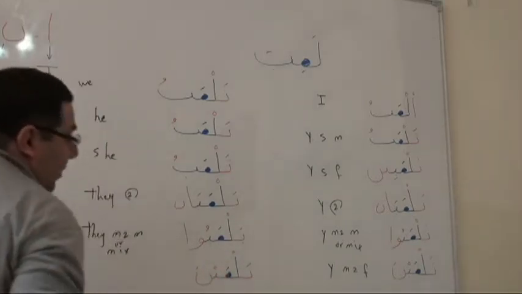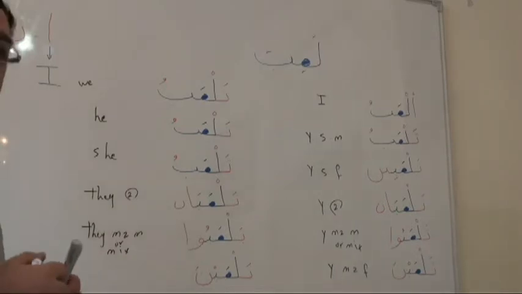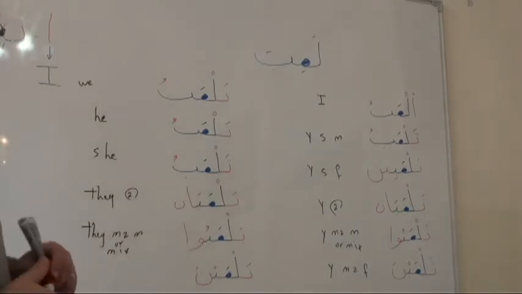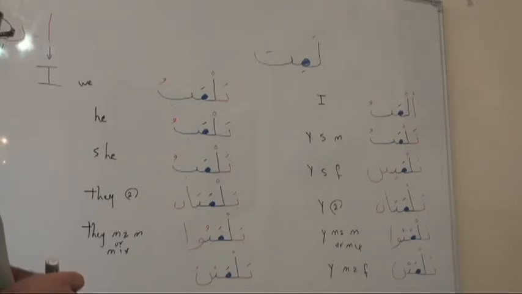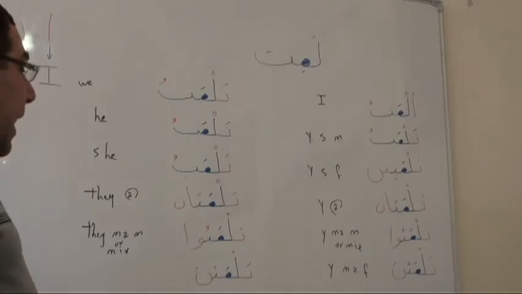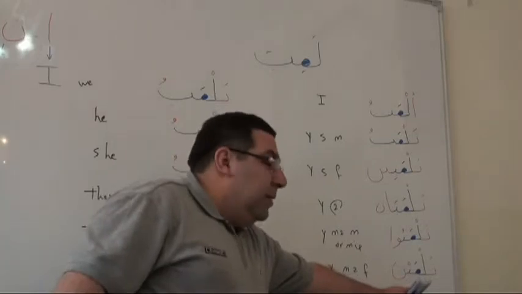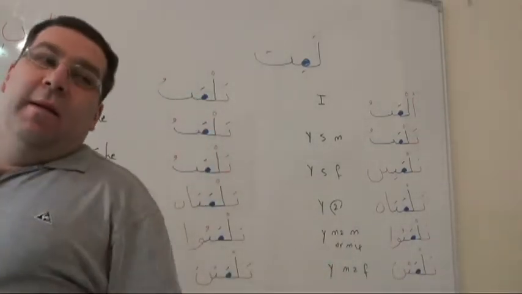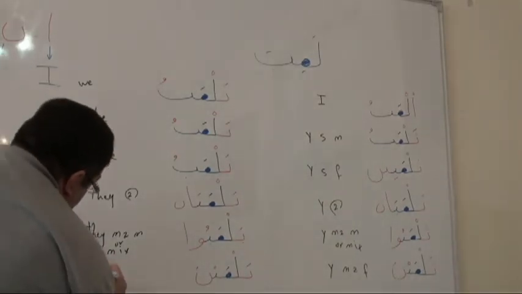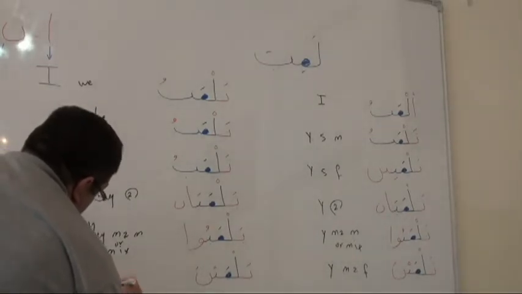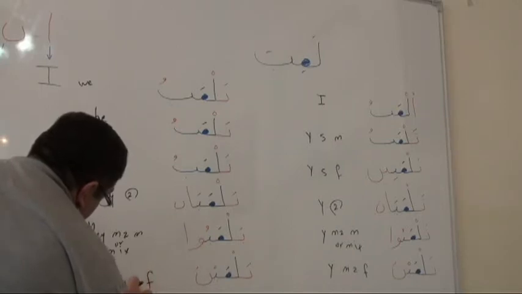Okay, so what is this word? يلعب, na, يلعبنا. This is they more than 2 female.